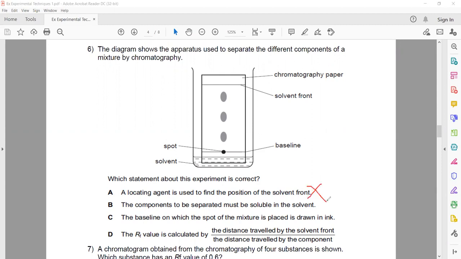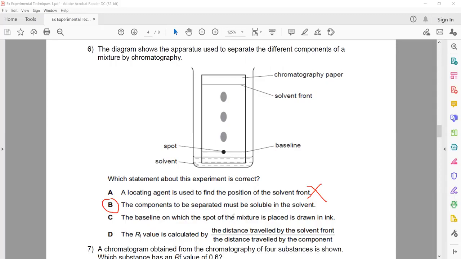We don't use a locating agent for the solvent front; we use it to make the spots visible. The components to be separated must be soluble in the solvent. That's true, because if they are soluble, only then will they rise. If they are insoluble, they will not rise with the solvent. So B is the right statement.